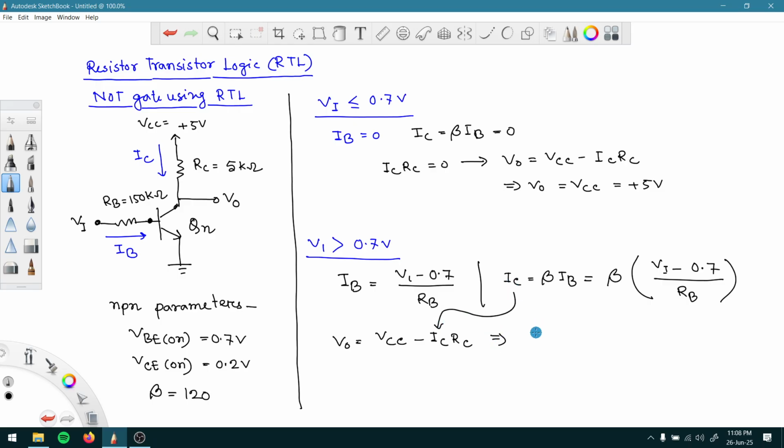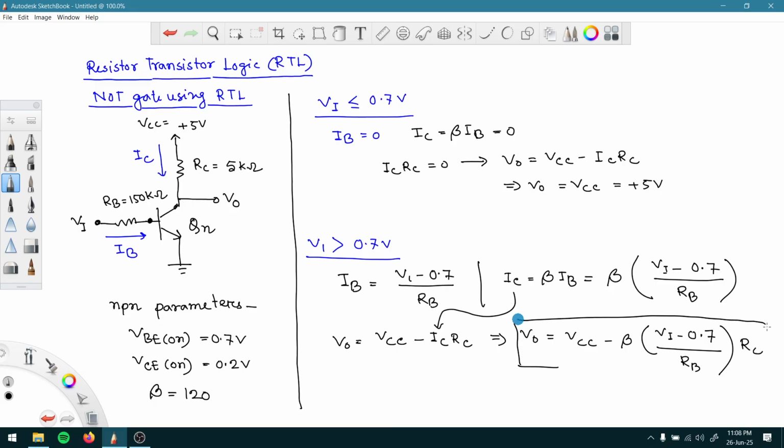If we do that, we are going to see that V0 is equal to VCC minus beta times Vi minus 0.7 divided by Rb, times Rc. So this is the equation we are getting after going through all of these things.